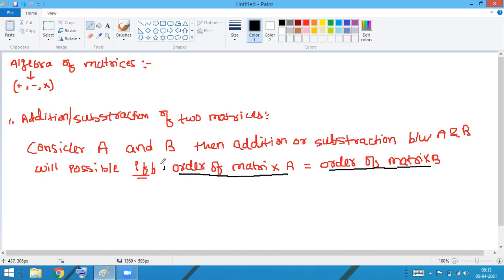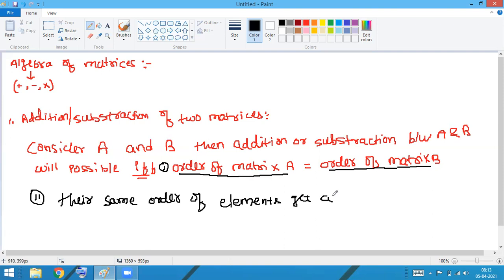Okay, this is the first point: if and only if. The second point: the corresponding elements of the same order get added or subtracted.